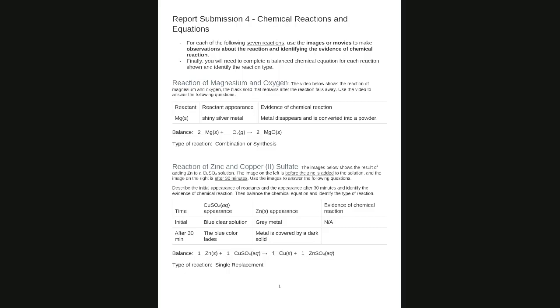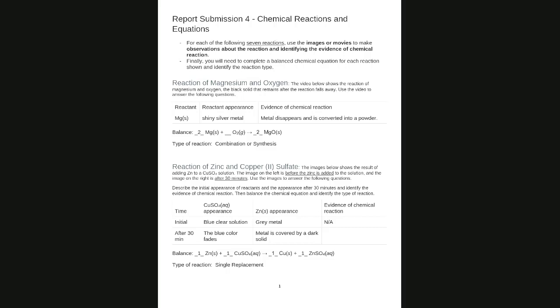And then they are very generous here because they give us the equation. They said magnesium reacts with oxygen when you burn it to form magnesium oxide. And they only ask you to balance their equation in the report. But you need to write the evidence.